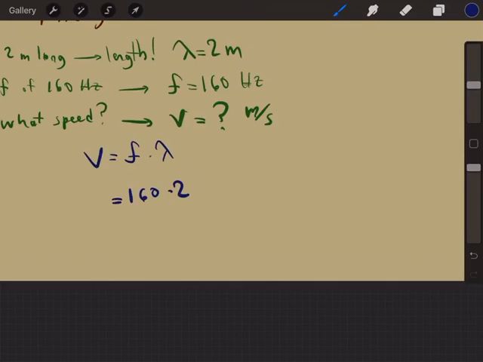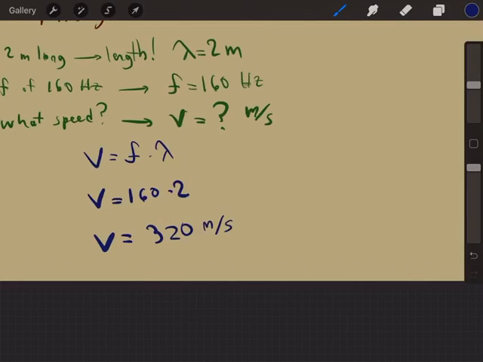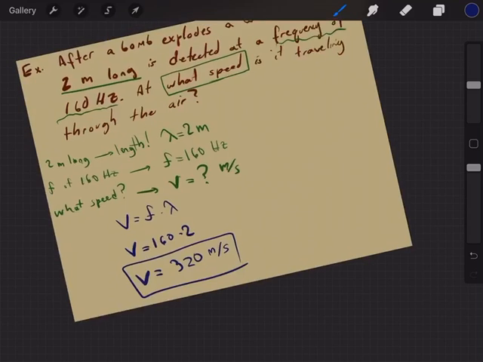Okay, that equals v. We don't know what that is yet. v equals 2 times 160. Well, isn't that just 320? And what units did we say we were going to use? Standard units, meters per second. So we just found our speed.